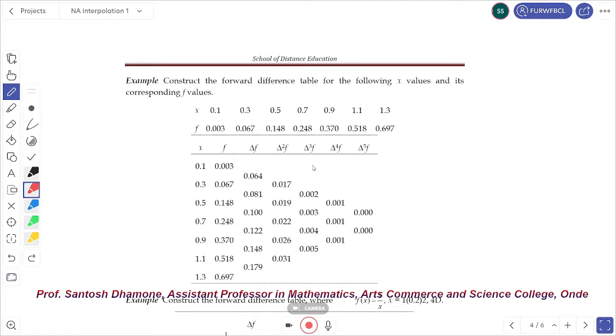Similarly, we take the third difference, which is calculated by subtracting 0.017 from 0.019, or by using the formula delta f of x is equal to f of x plus h minus f of x, and we get 0.03.